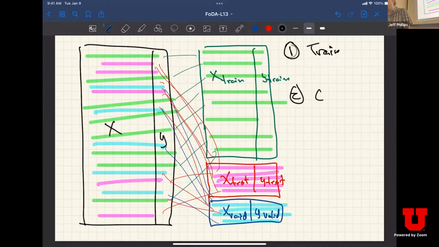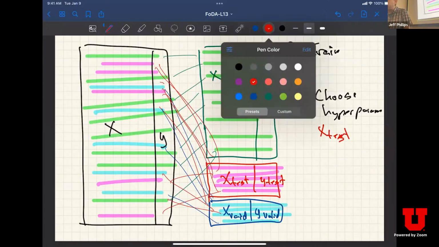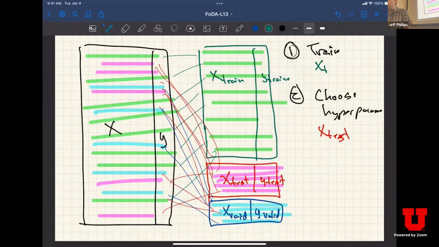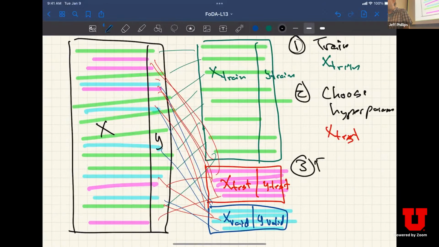Two is to choose hyperparameters, by saying how well that's doing on the testing data. This is with the test. So this is with the X train. And then finally step 3, you evaluate on the validation set.